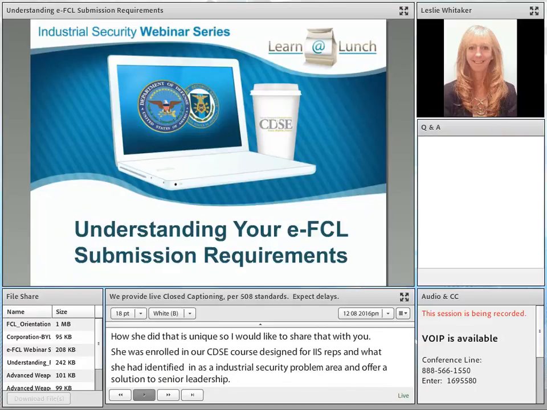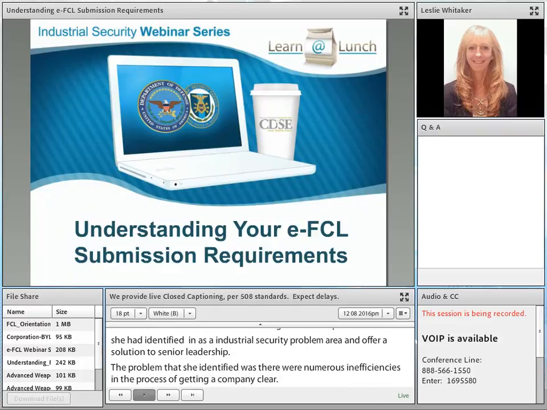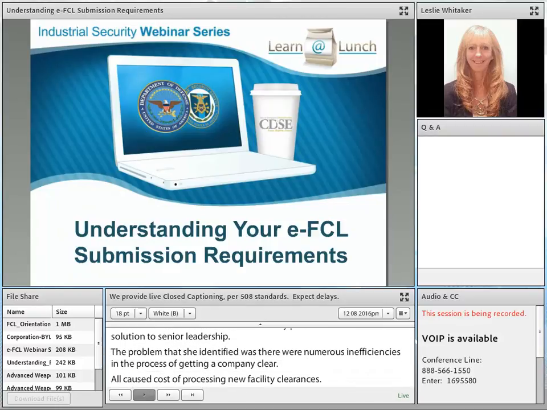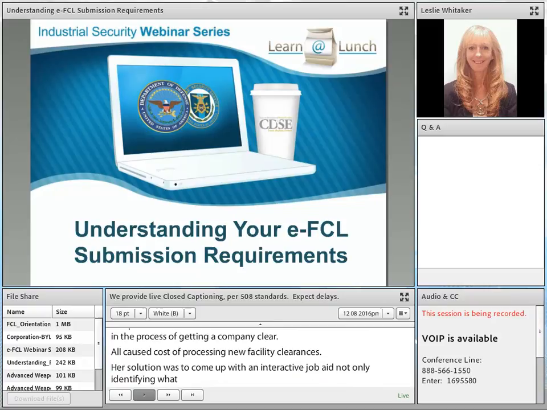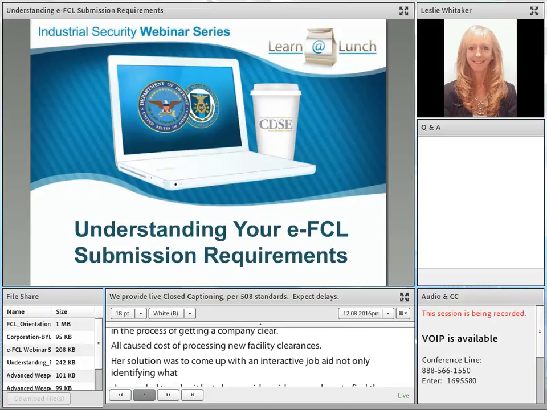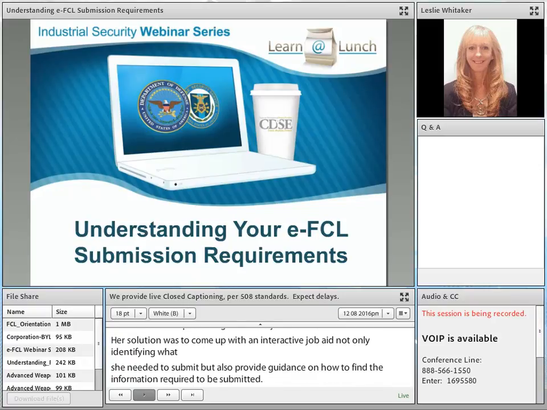Her solution was to come up with an interactive job aid that not only identified what you needed to submit in eFCL, but also provided guidance on how to find the information required to be submitted. Leslie's solution actually became a reality in September of this year when the Understanding Your eFCL Submission Requirements job aid was published.